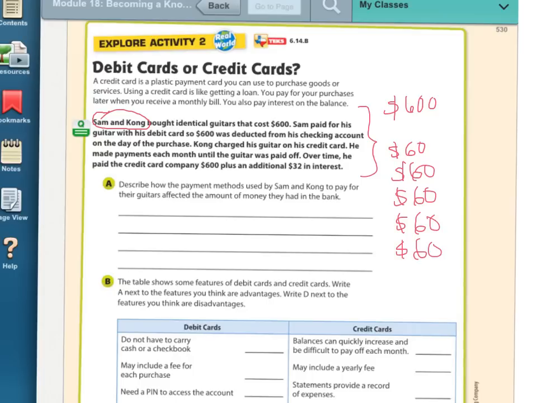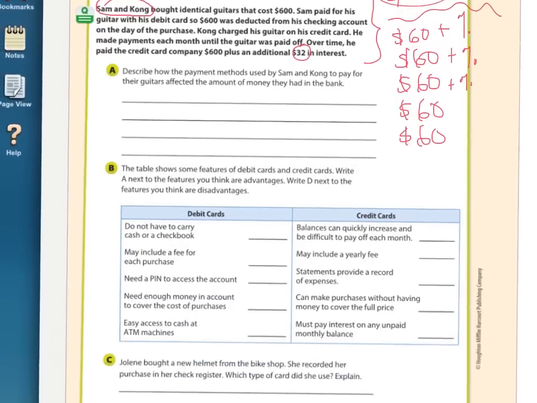But then each month that you are making a payment, as long as you're not making the whole payment, they're charging you a percent. So it's like $60 and a little bit more. In the end, you end up paying more. And that would work for people that can't afford $600 all at once. Who is going to buy a $600 guitar? Anyway, I don't know. Okay?